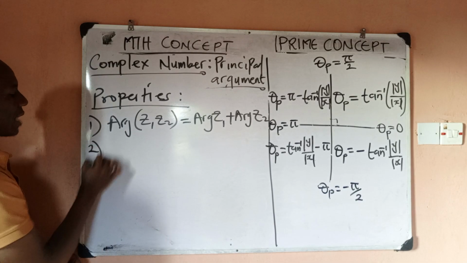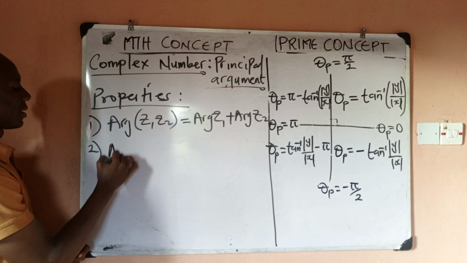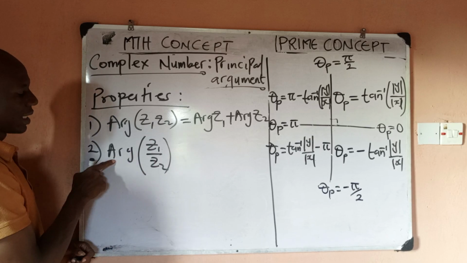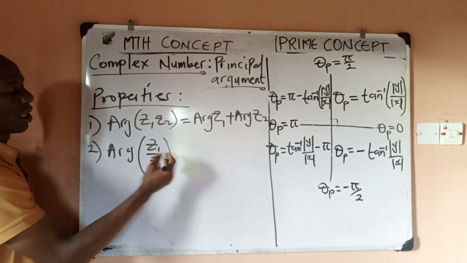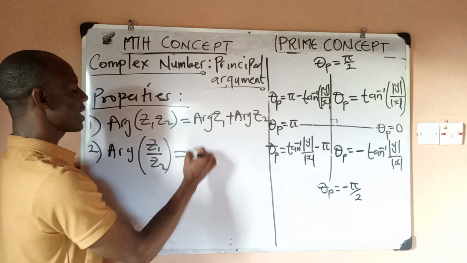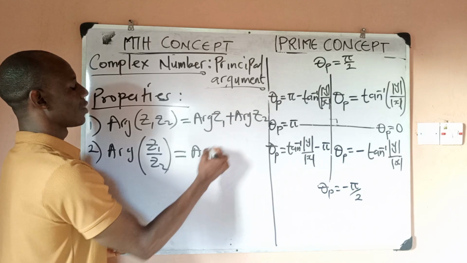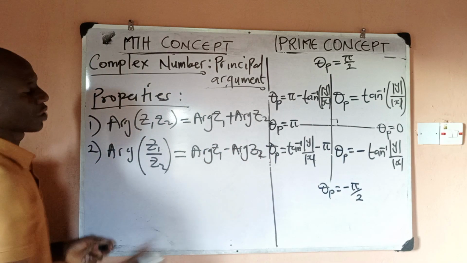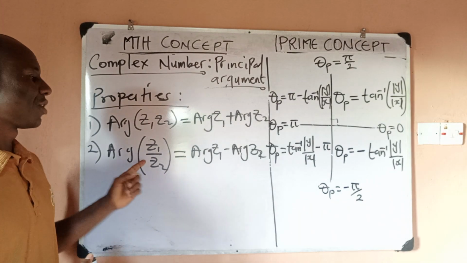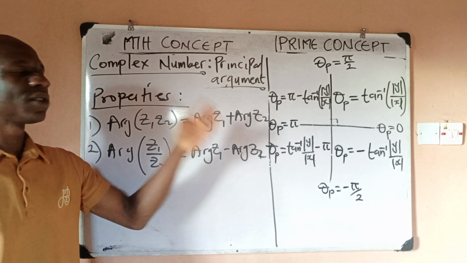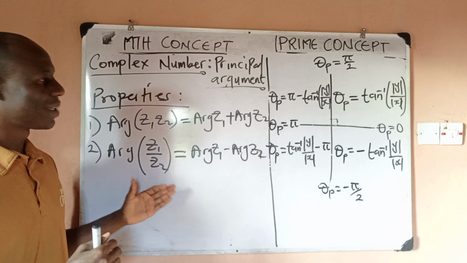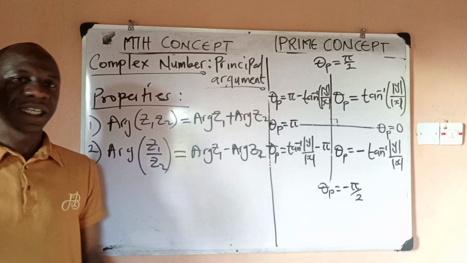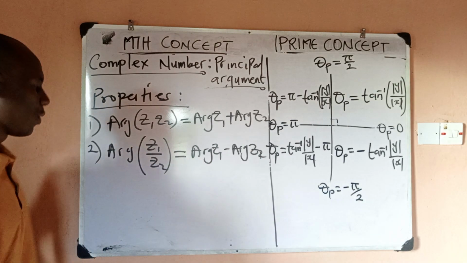Property number 2 is that if you are dividing two complex numbers, say z1 divided by z2, then the argument of that division is going to simply be the argument of z1, the numerator, minus the argument of z2. This is just like what you know in logarithms: division yields subtraction, multiplication yields addition. For the sake of not making this video too lengthy, I'll explain the division case in my next video.